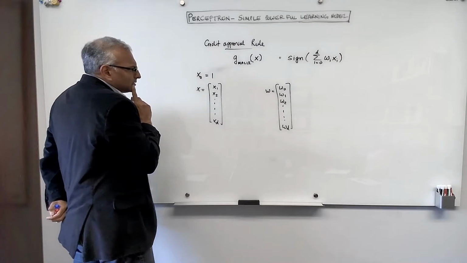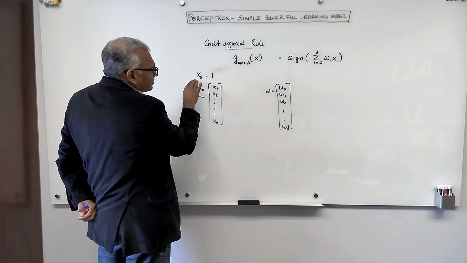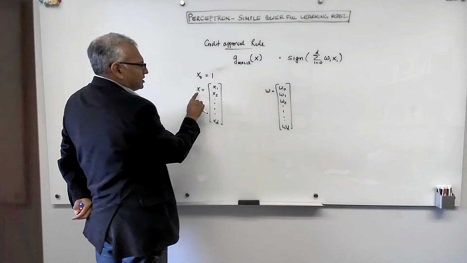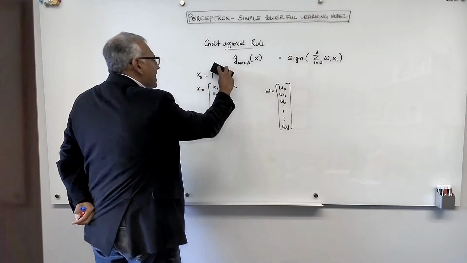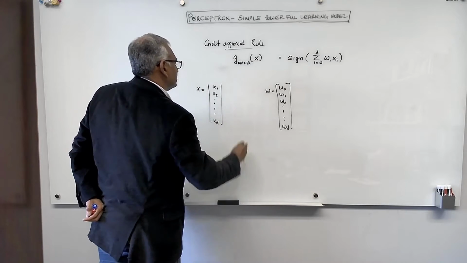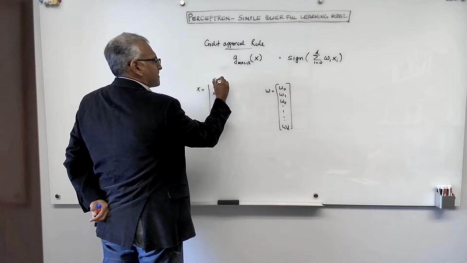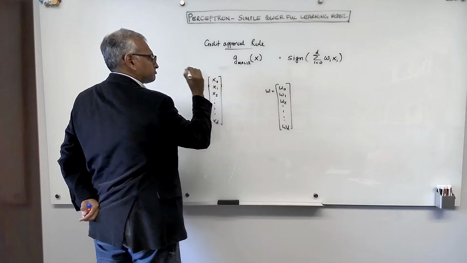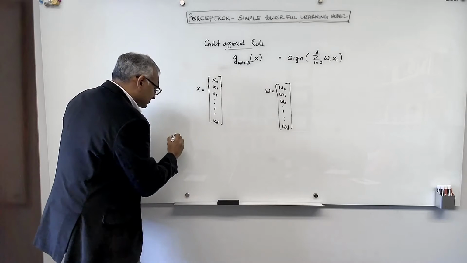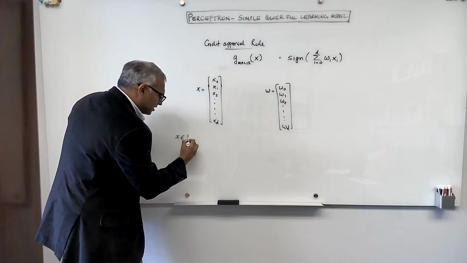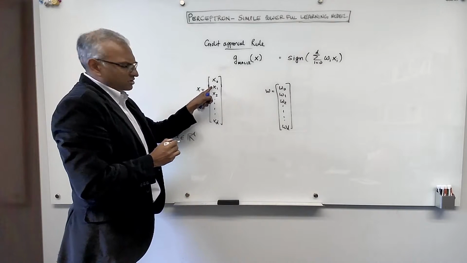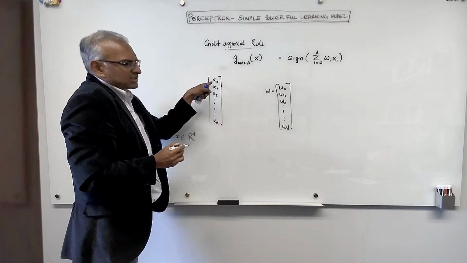Why don't I just forget about the fact that x0 is equal to 1 and incorporate that into x. So let me add a new component to x, which is x0. The original x was in R to the d. Now I'm taking this original x, which consisted of components 1 to d, and I'm adding x0 in here.